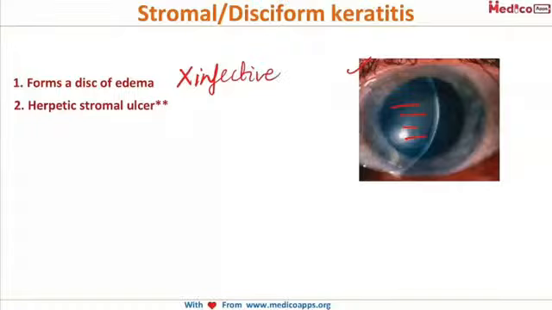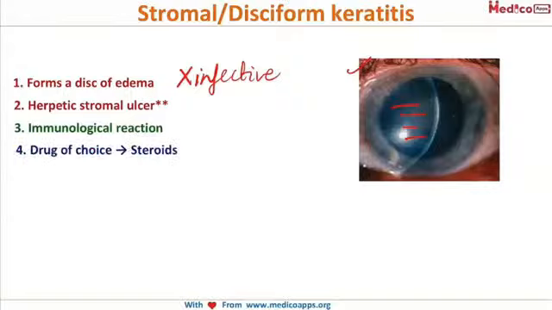It is an immunological reaction of the body. It is an immune response towards the infection that is causing your disciform keratitis, or a disc of edema in the stroma. And I have told you earlier that in one type of keratitis you can use steroid, and this is the answer for that question.